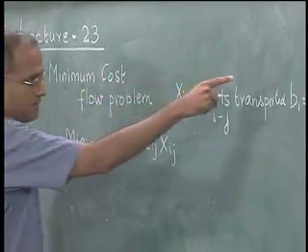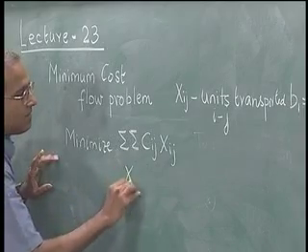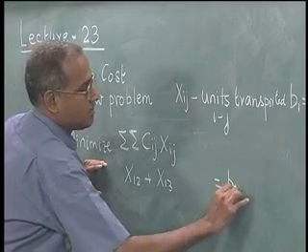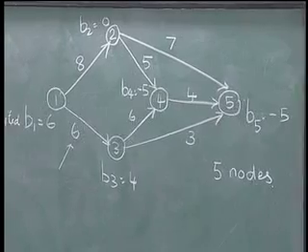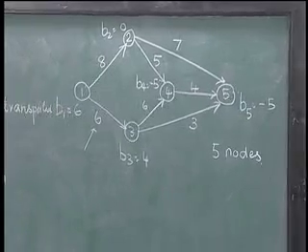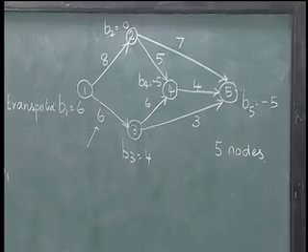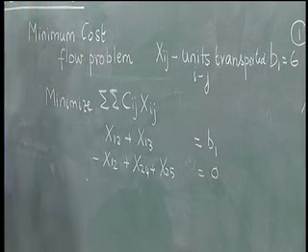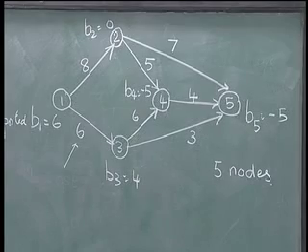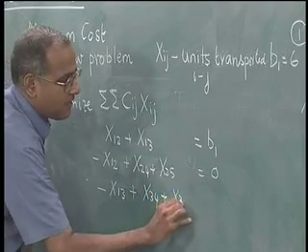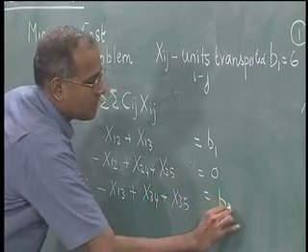Now, for this supply node 1, we will have x12 plus x13 is equal to B1. For node 2, we will have minus x12, that is what enters 2, and what leaves 2 is plus x24 plus x25 equals 0. As far as 3 is concerned, minus x13 plus x34 plus x35 is equal to B3.